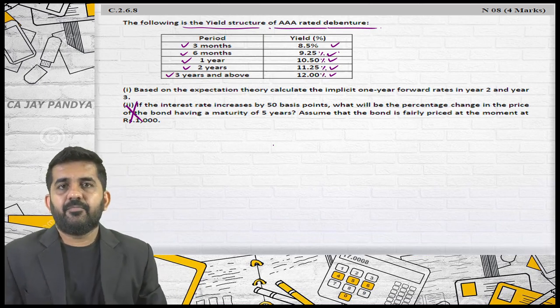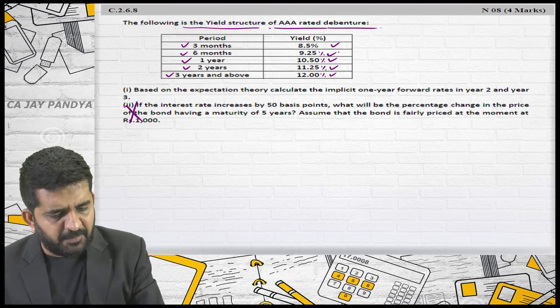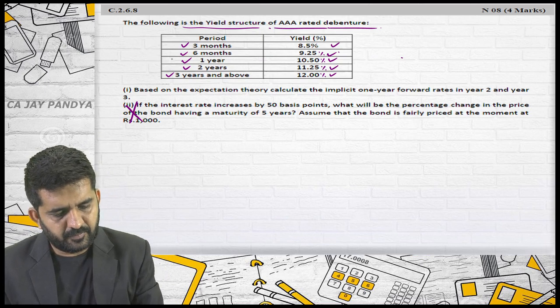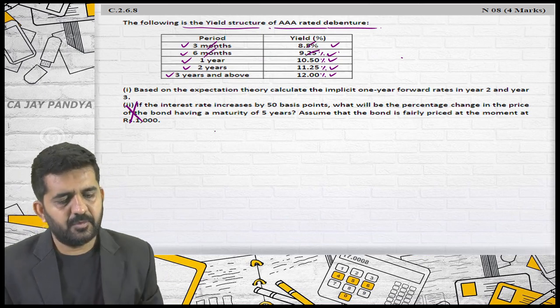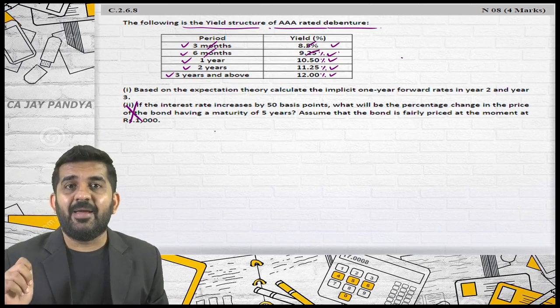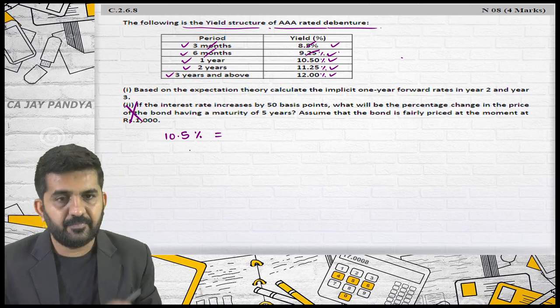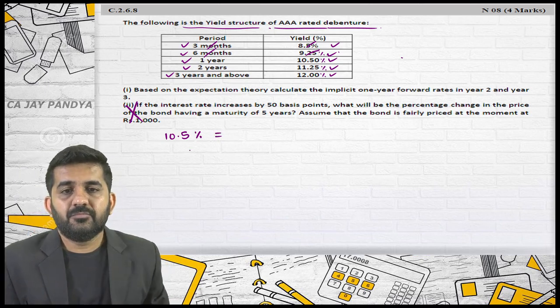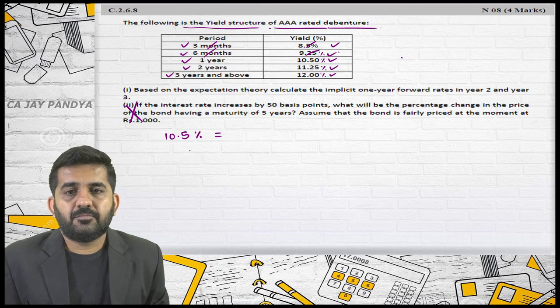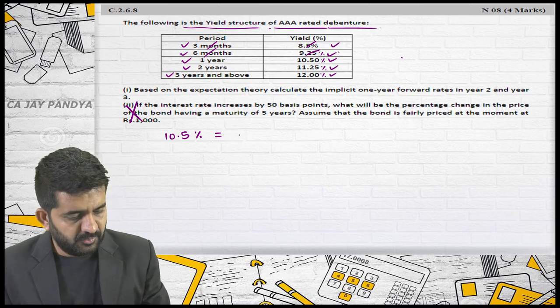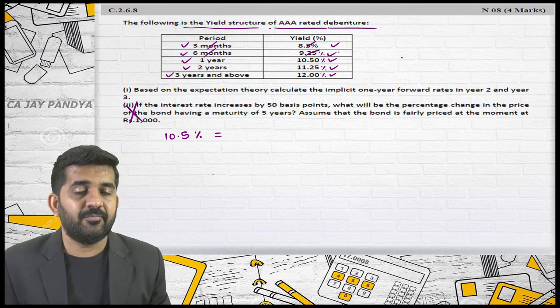Is it alright? See, first I am explaining you, forget this 3 and 6 months. First, I am asking you what is the 10.5 percentage. Any student can give the answer.